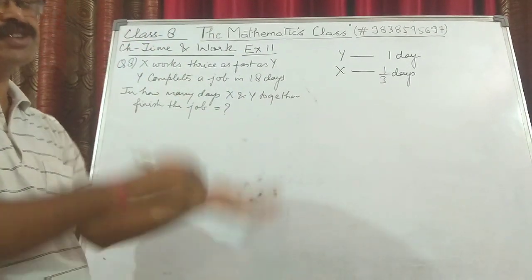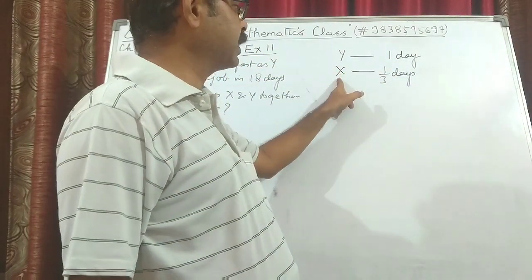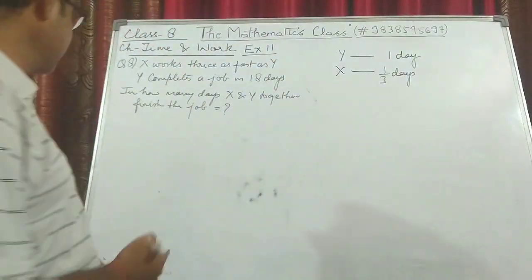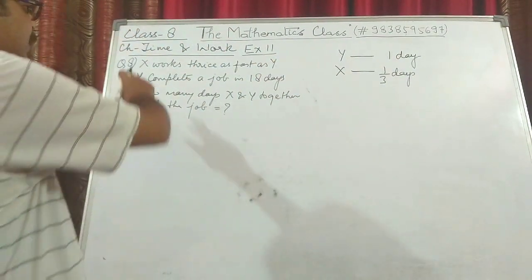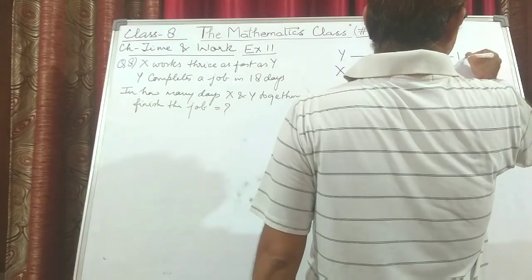Faster means he will finish early. So Y is taking 1 day, which means X will take only 1/3 of a day to finish the job. Now they say Y completes the job in 18 days.